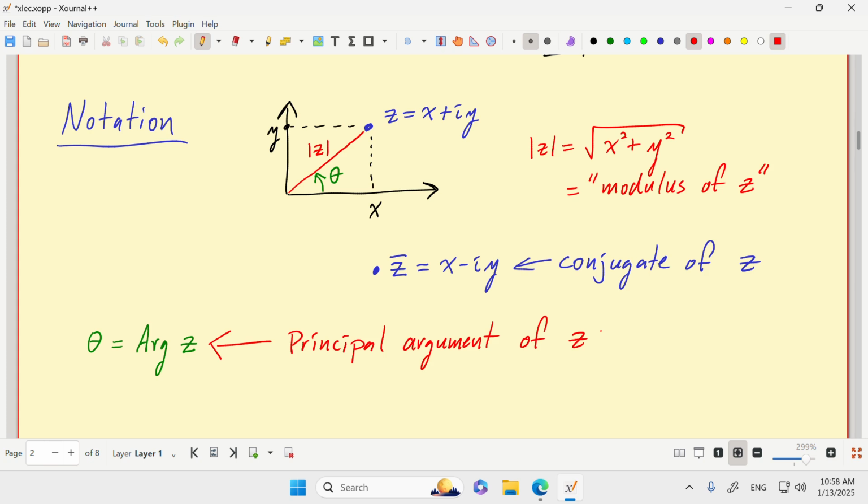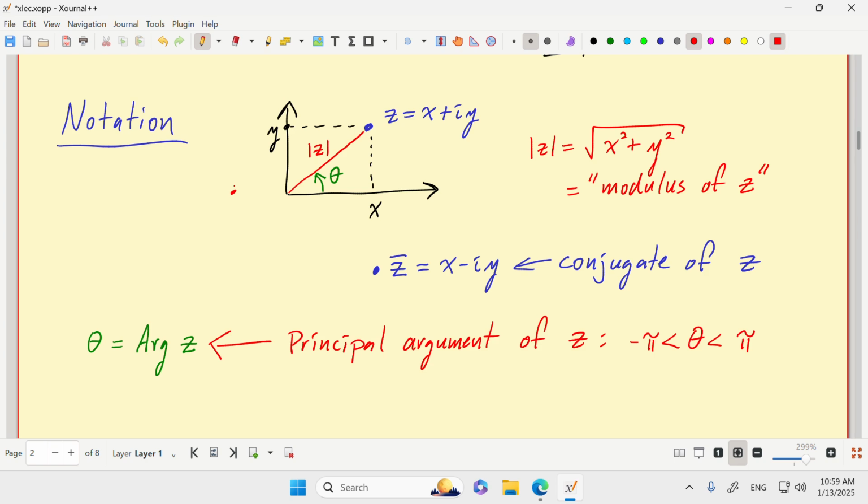To make theta unique, we would have minus pi less than theta less than pi. We want every complex number to have a unique argument. So over here on the negative real axis, if I go around the positive way, I'd get pi there.